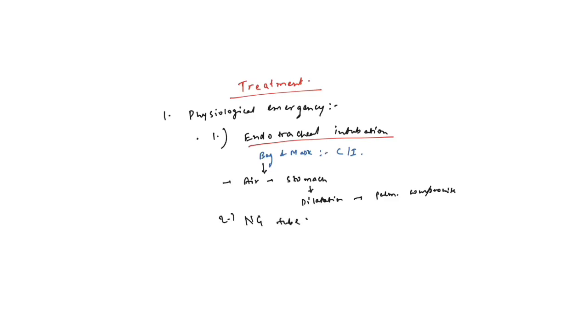Nasogastric tube for decompression. And we can also use sedatives so that the baby doesn't make efforts, and it will decrease lung injury.